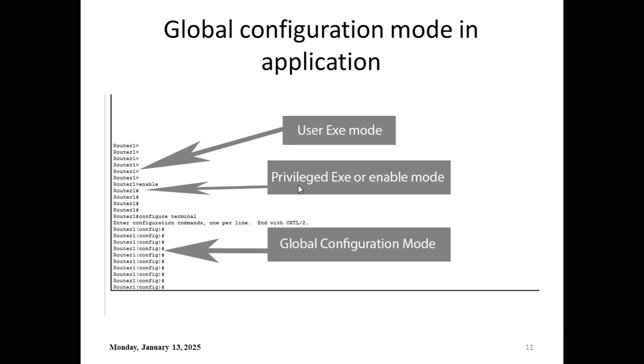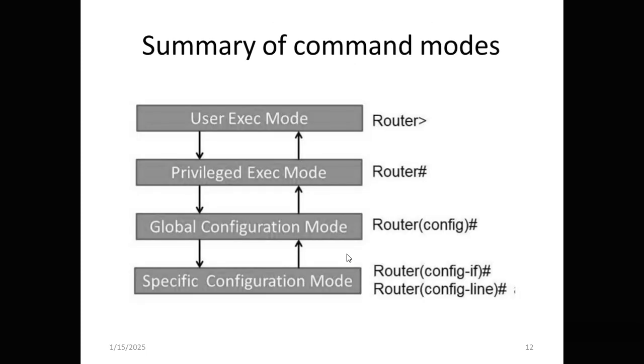Then here you write the command configure terminal, then you press enter. After pressing enter, you go to the global configuration mode, and in the global configuration mode you have privileges.